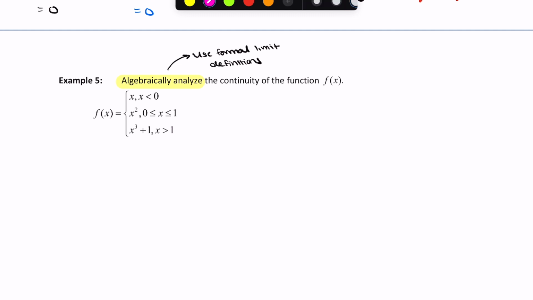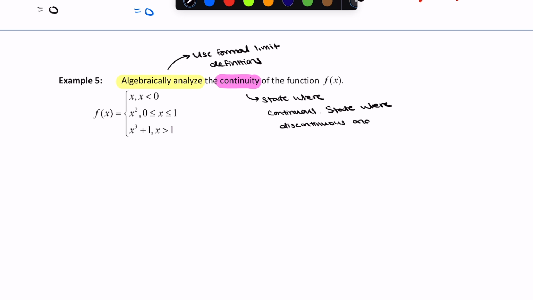So when we say continuity, that means, again, state where we're continuous, state where it's discontinuous, and the type of discontinuity.